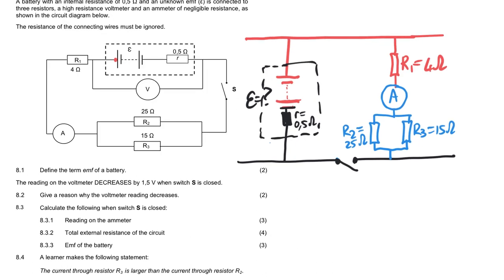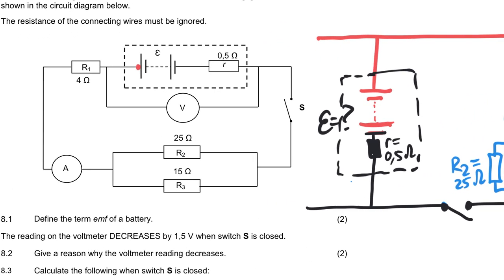We have yet to do the voltmeter. If you look at the voltmeter, this connection is on the positive rail there, and this connection here is on the negative rail, which is there. Notice that they are both on this side of the switch, so this is going to produce a reading even if the switch is open.